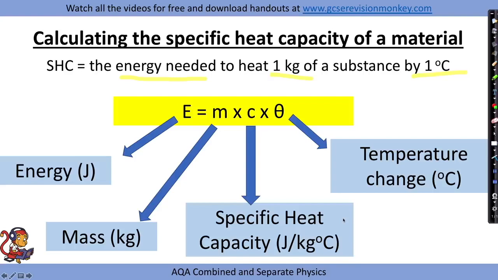So the good news is that you don't have to learn this equation. They will give you this one on the equation sheet. However, for this practical, we are going to be calculating specific heat capacity, which is the c part here.